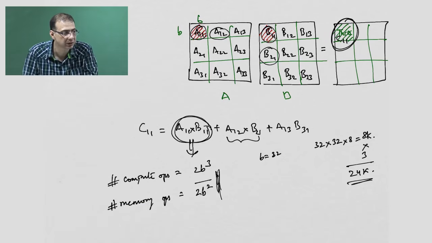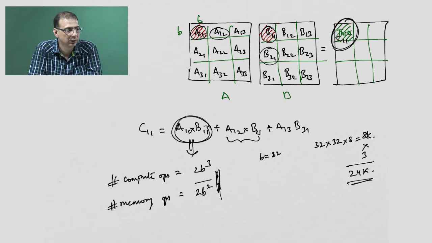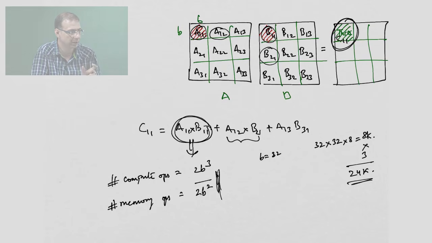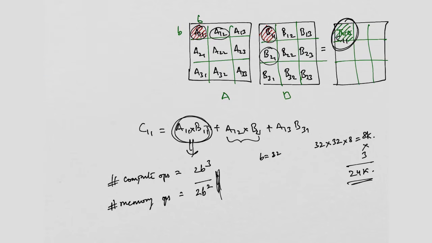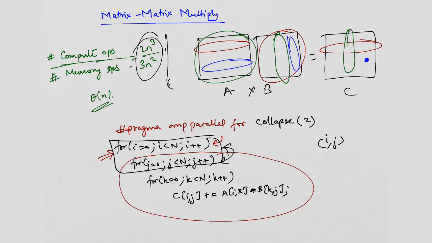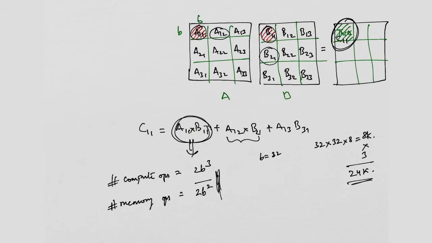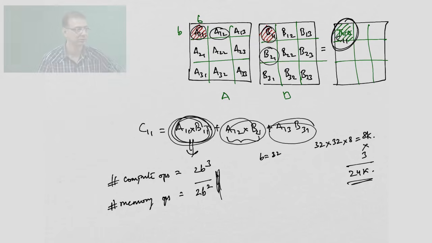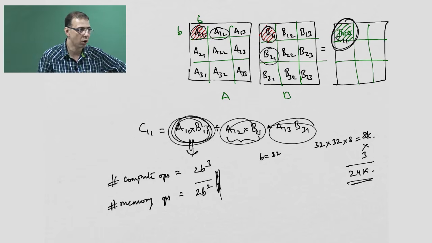That's what I distributed amongst the threads, the blocks of C. Once thread 0 is responsible for C11, it will do all these computations, but it has to rearrange the code. It can't be in the form that we wrote it a little while back, right? This is not the code to achieve that. It has to work this way. It has to first do A11, B11, then A12, B21, then A13, B31. It's just the order in which you write the code.